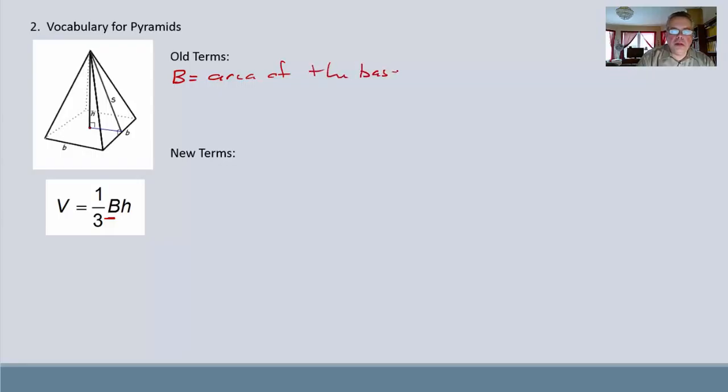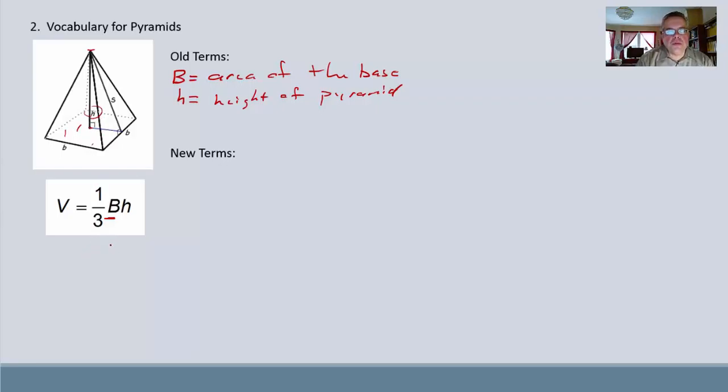So whether it's rectangular, a square, a triangle, a pentagon, whatever, capital B is the area of the bottom here. The other term we're familiar with is height, H. This is the height of the pyramid. And this is the height going straight up and down from what's called the apex of the pyramid, straight down to the ground. So that is the height.